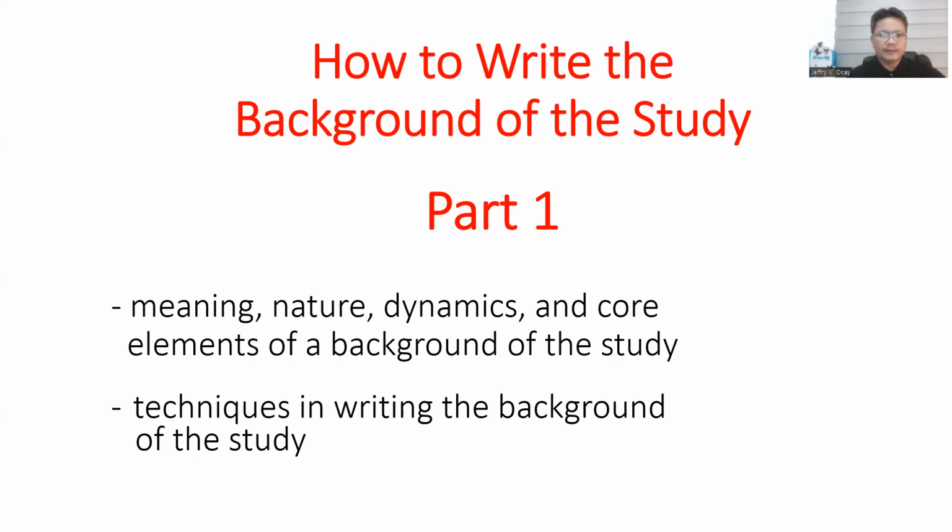And the techniques in writing the background of the study are very important because, as is well known, all parts of a research paper, all parts of the thesis or dissertation, have their own rules in writing them. So when we write the background of the study, there are rules to follow. For example, you need to articulate the research problem or the research gap, and then the research goal and the thesis statements.